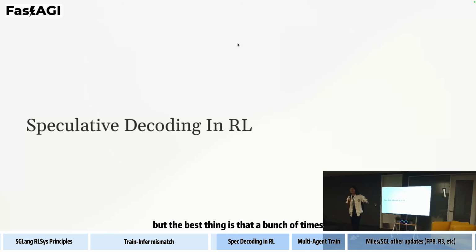But the bad thing is that RL inference or sampling is often bounded by your environments. Like, you're sending an HTTPS request to your agent Docker, and the response time of that Docker is not controlled by yourself. So sometimes RL rollouts can be in a small batch size, like no more than 10 requests running on each server at a time. That makes speculative decoding valuable for RL.